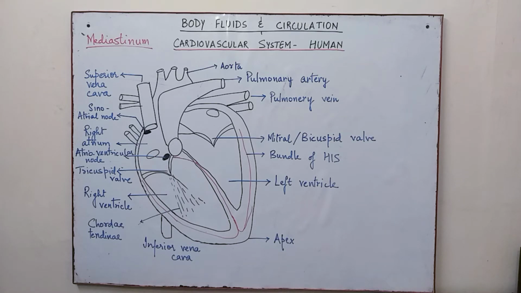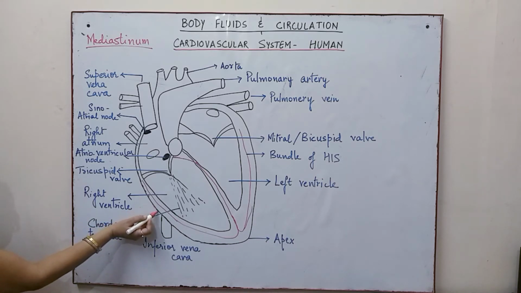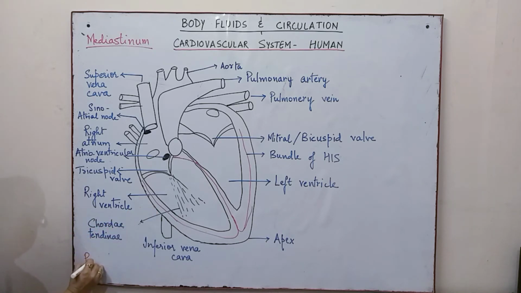Coming to the detailed structure, we find that the heart is protected by a double-walled membrane that is known as the pericardium. So this outer covering is the pericardium. The pericardium is the outermost covering of the heart.